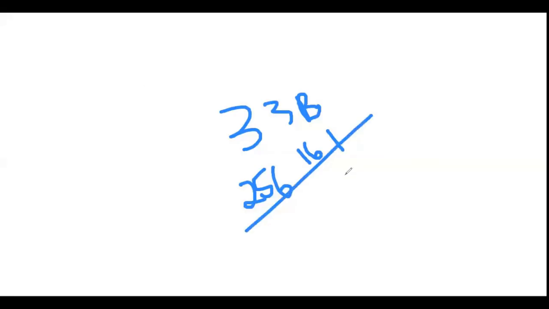So what is it going to be? B is number 11, correct? So this will be 11, plus 3 times 16, so this we will add 48.